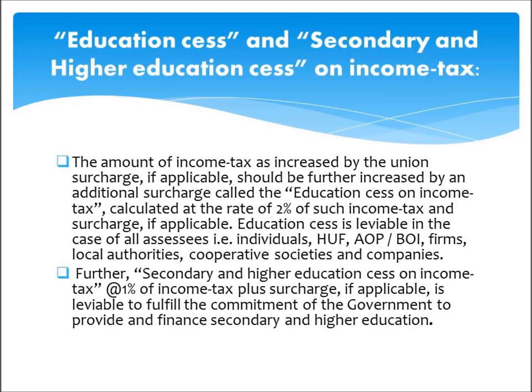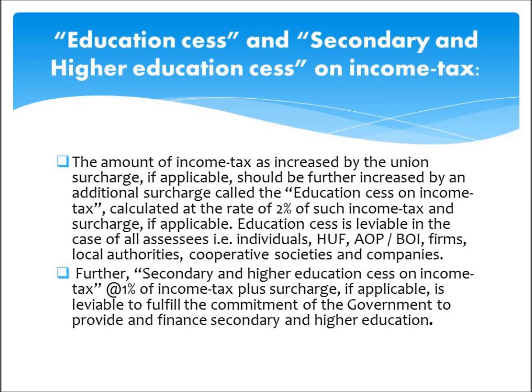Further, secondary and higher education cess on income tax at the rate of 1% of income tax plus surcharge, if applicable, is leviable to fulfill the commitment of the government to provide and finance secondary and higher education. So after applying 2% of education cess, 1% of secondary and higher education cess is also levied upon income tax and surcharge payable.